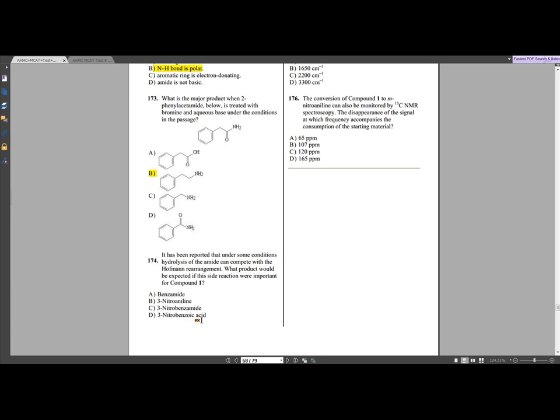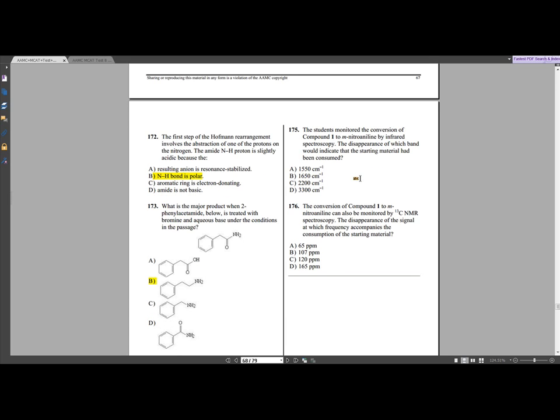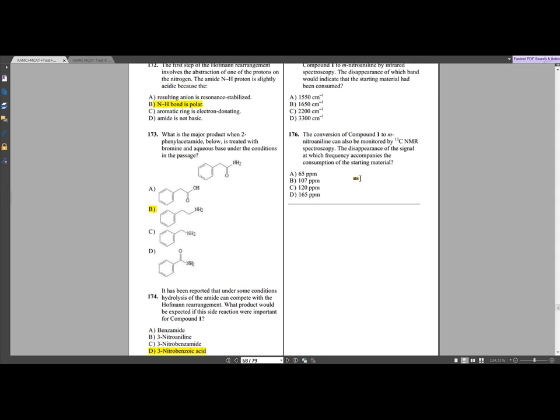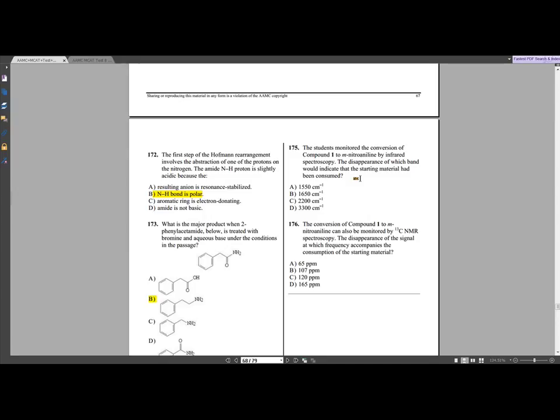So this is 3-nitrobenzoic acid. So m-nitroaniline. So nitro and aniline.